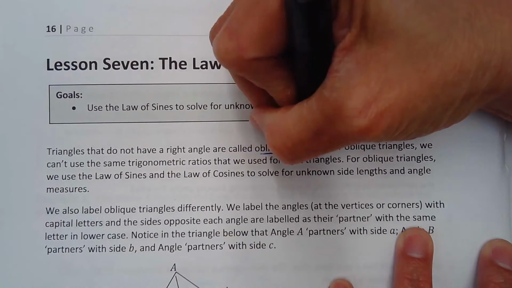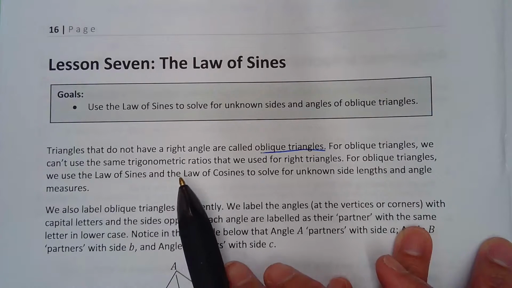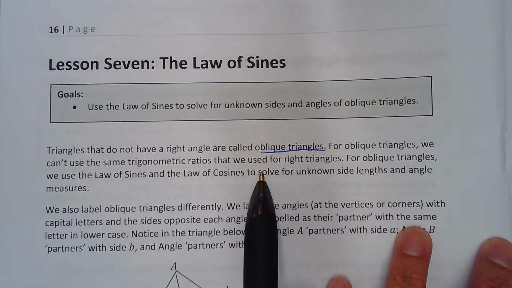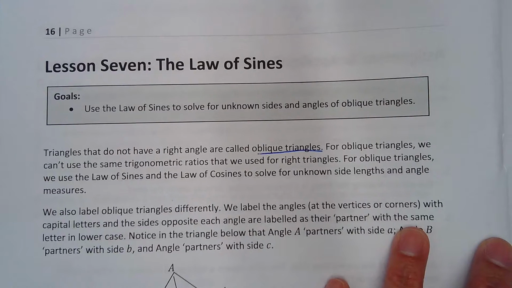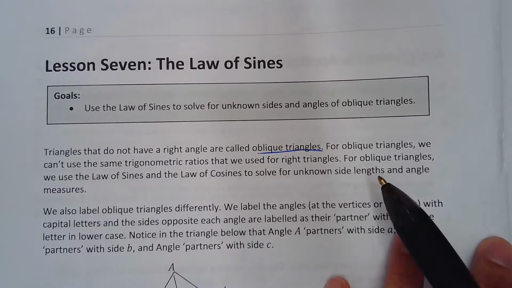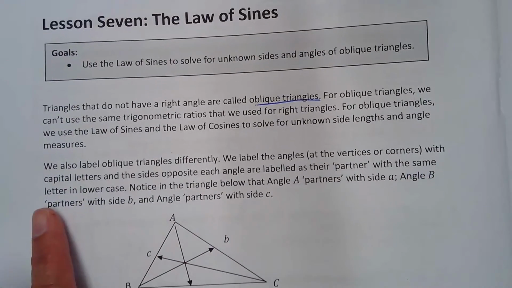With oblique triangles, we can't use the same strategy that we had before. We can't use the Pythagorean theorem. We can't use SOHCAHTOA to solve for that. So what we need to do is find a different way.